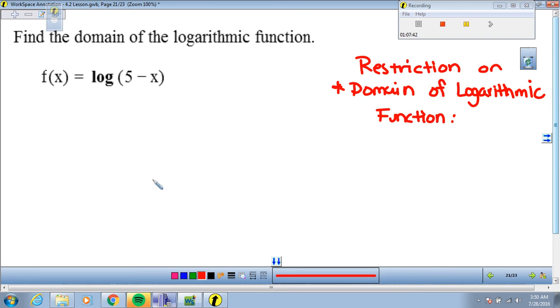The only kind of numbers that you can never have inside of this parenthesis is a negative number or the number 0.